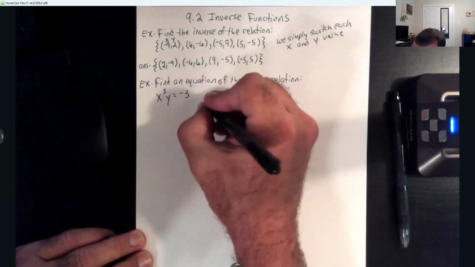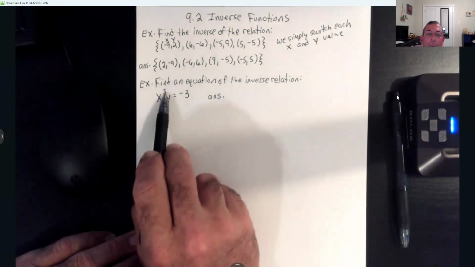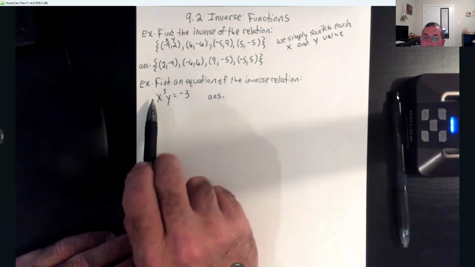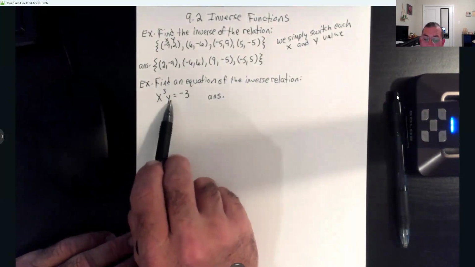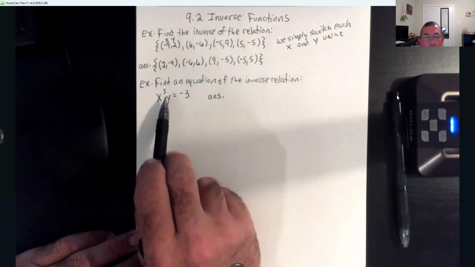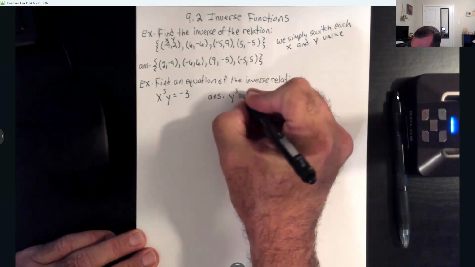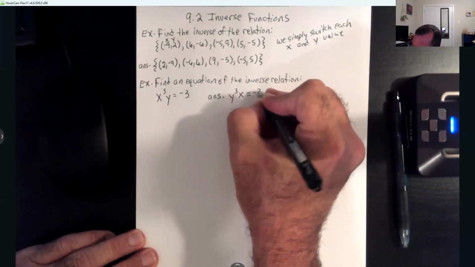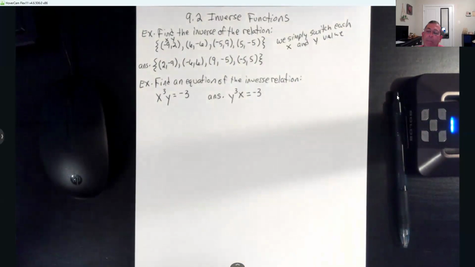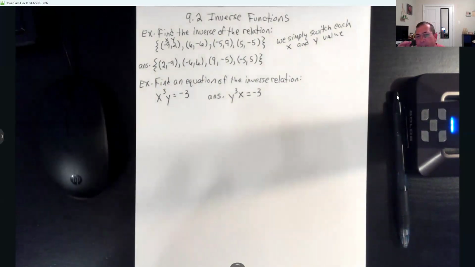So for this one, all we're going to do is switch the x and the y, but we're not going to move the exponent. It stays there. All we do is change the actual variable. So if we change the x and the y, our answer will be y cubed x equals -3. So the main point you want to get out of this is that when we find the inverse of something, we're simply switching out the x and y variables, okay?